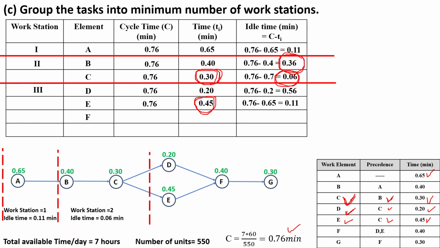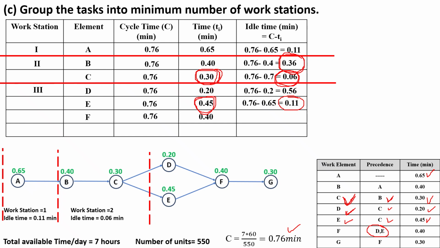Okay, next we will move to the next element, the element F. It will start after completion of the D and E. So D and E is completed, then I have to start the element F. So cycle time is 0.76 and the task time is 0.4. So here observe, after completion of the elements D and E in the third workstation, idle time or availability time is 0.11, but task time for the element F is 0.40 minute.